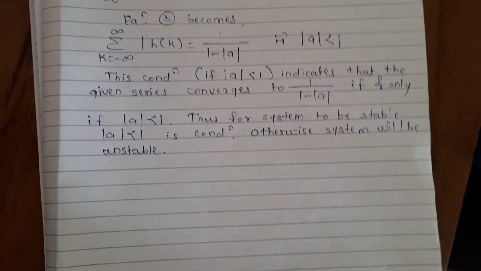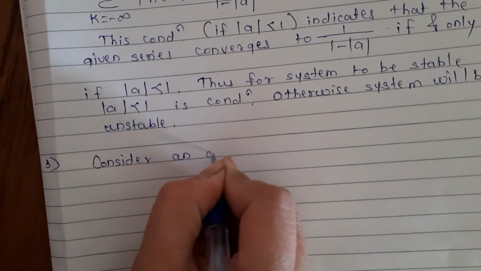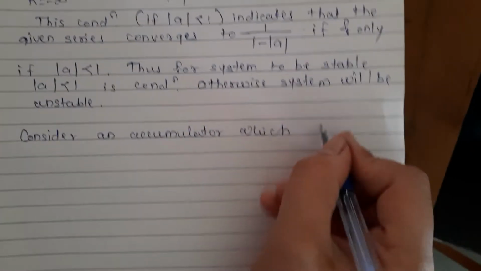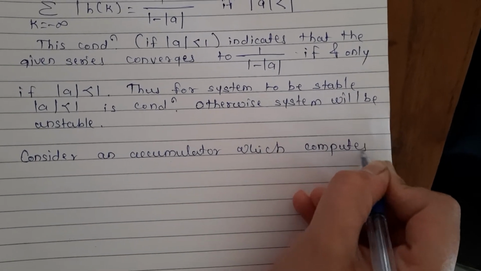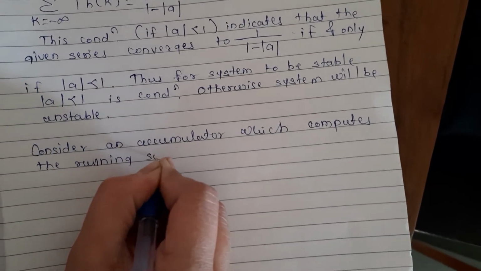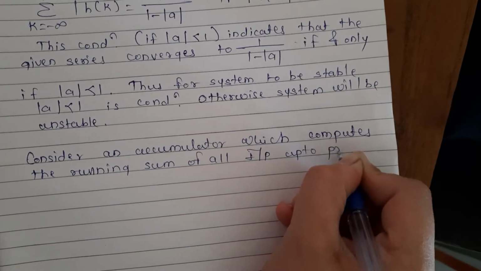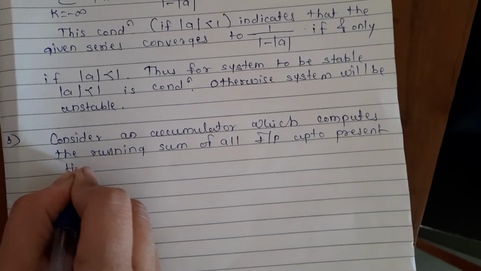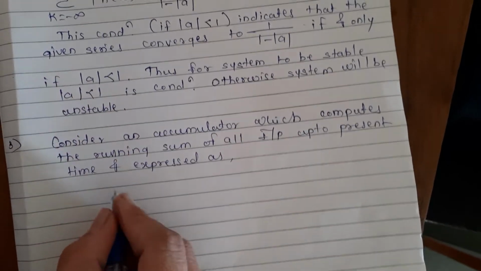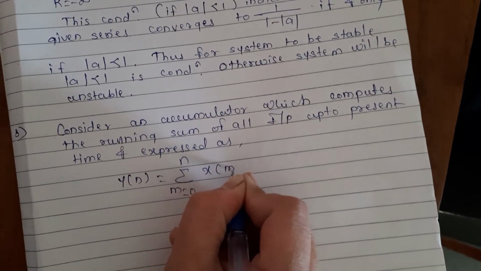Next problem. Consider an accumulator which computes the running sum of all inputs up to the present time and is expressed as y of n is equal to summation m goes from 0 to n of x of m.